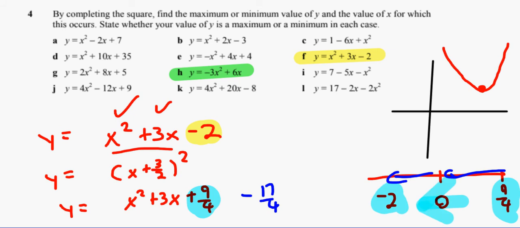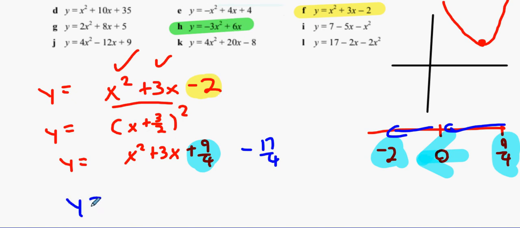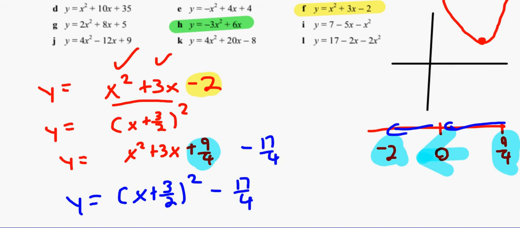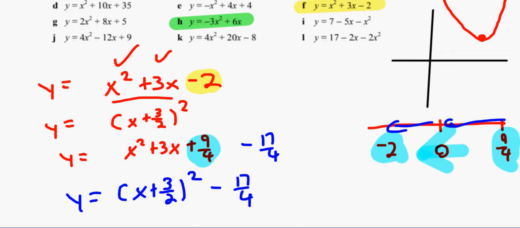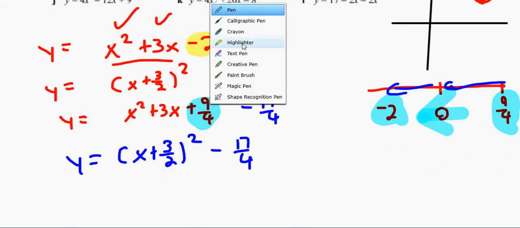Now, what can I change the full equation back into now? Anybody? X plus 3 over 2 squared, minus 17 over 4. Now here's the interesting part. What x value makes that equal to 0? Sorry, I'm going to highlight a number and you tell me what's odd about this.